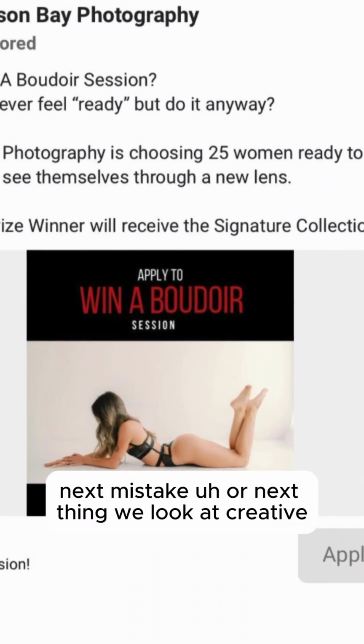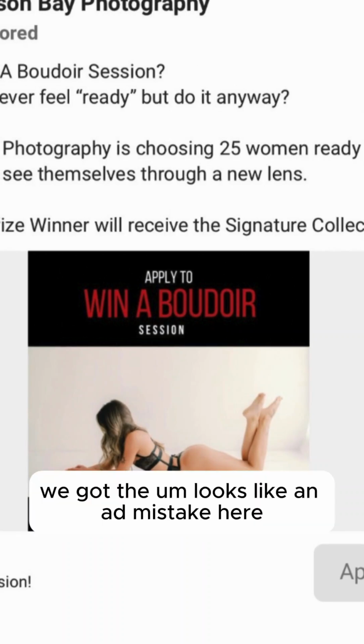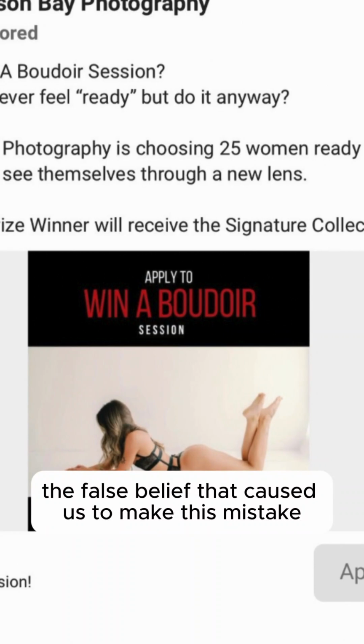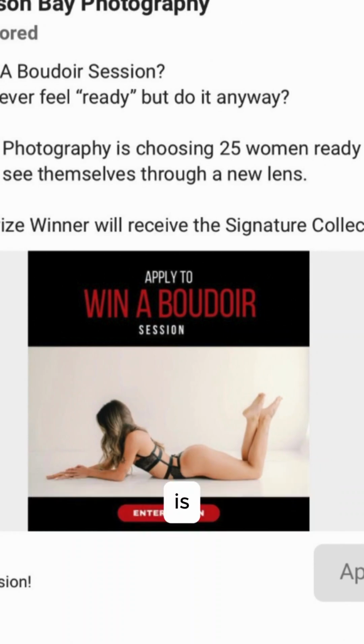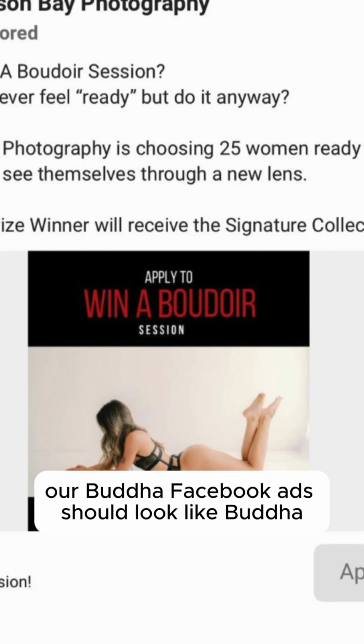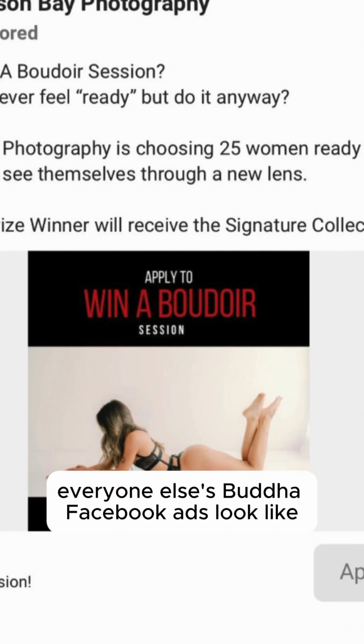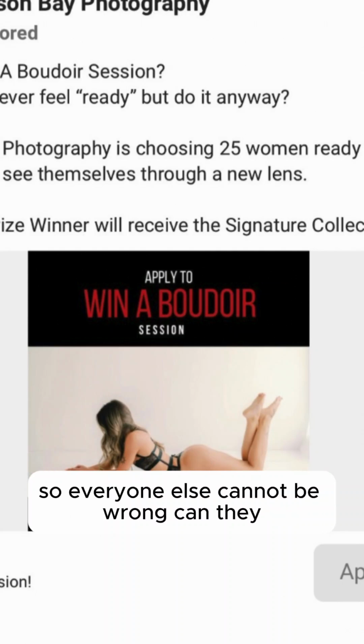Next thing we look at, creative. We've got the looks like an ad mistake here. The false belief that caused us to make this mistake is that we believe our Boudoir Facebook ads should look like Boudoir Facebook ads, because that's what everyone else's Boudoir Facebook ads look like, so everyone else cannot be wrong. Can they?